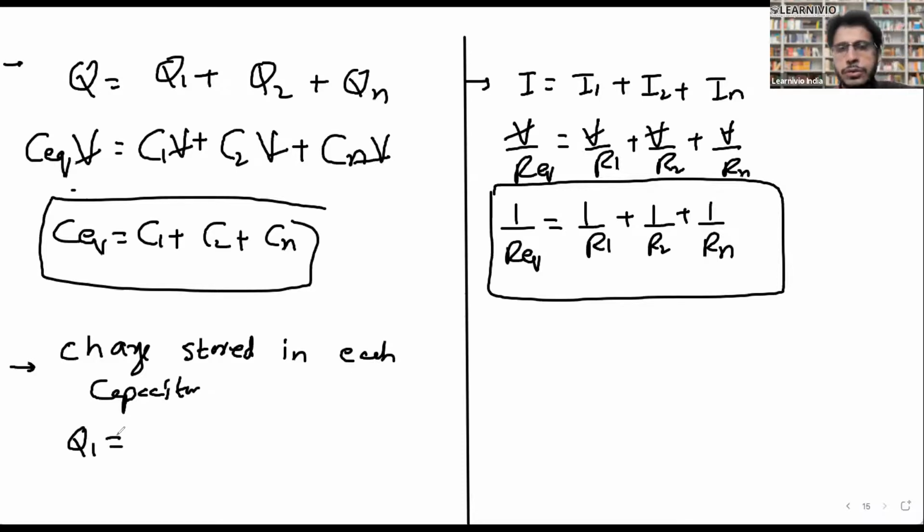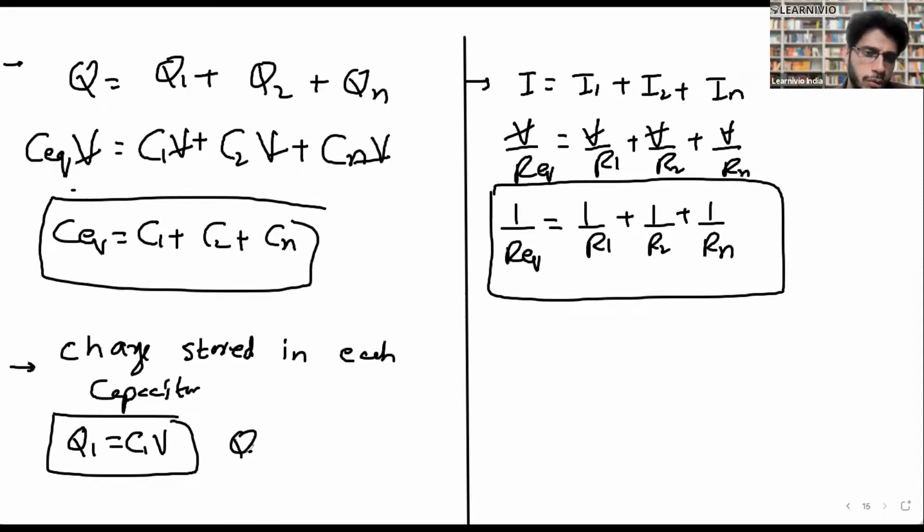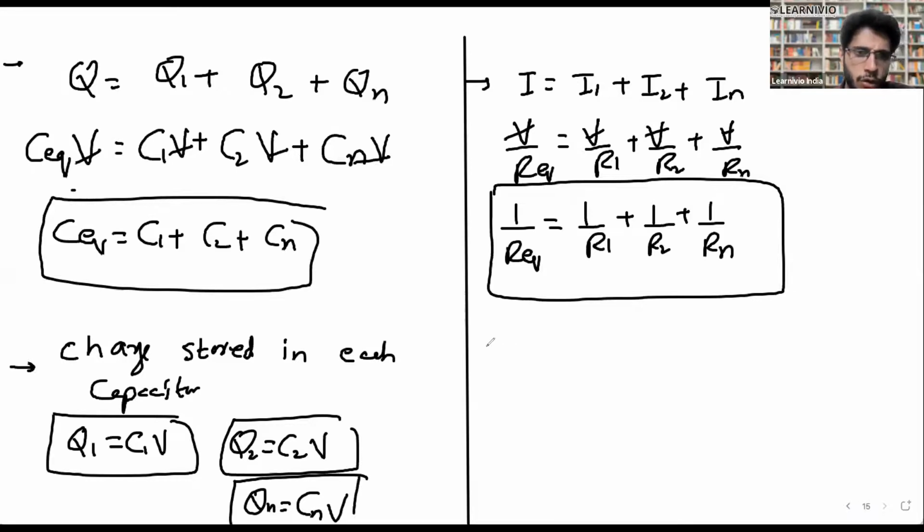We just have used C1V, right? Q2 is C2V. Qn is CnV. Okay, instead of charge, which quantity we will calculate in resistor? Current. Current through each resistor.